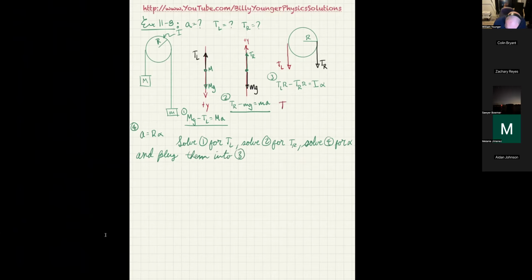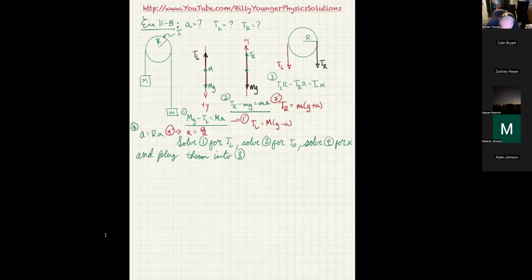So TR, which I'm calling equation 2 prime, is going to be M times (g plus a). 1 prime is going to be TL is equal to M times (g minus a). And 4 prime is going to be alpha is equal to a over R. That's 4 prime. So now I'm going to plug all that into equation 3.